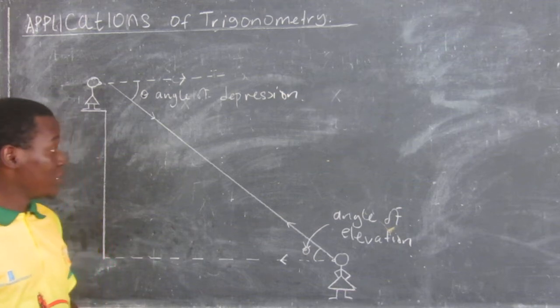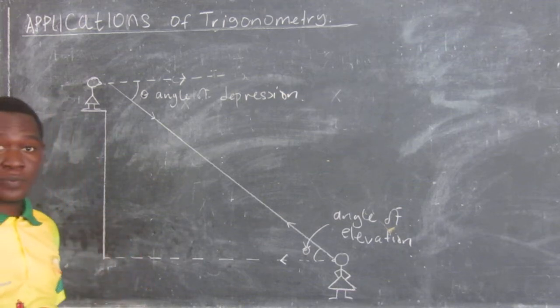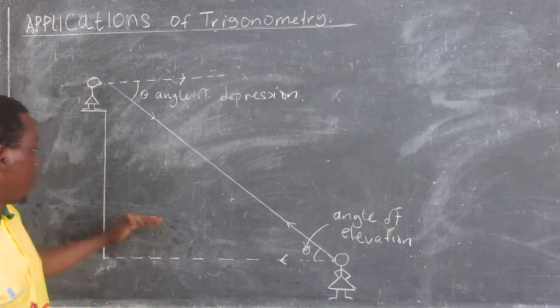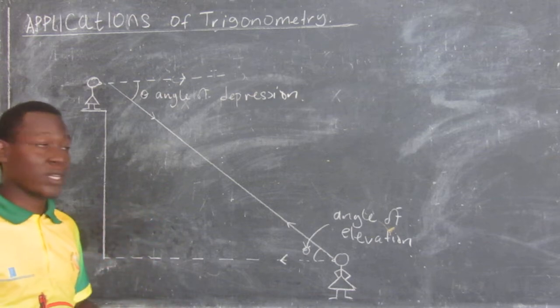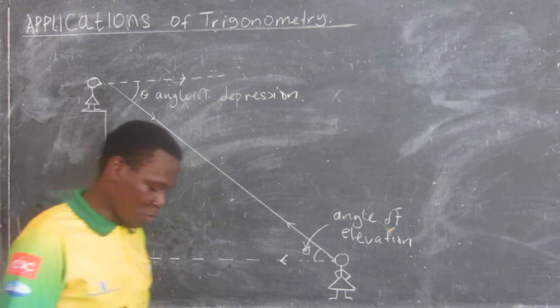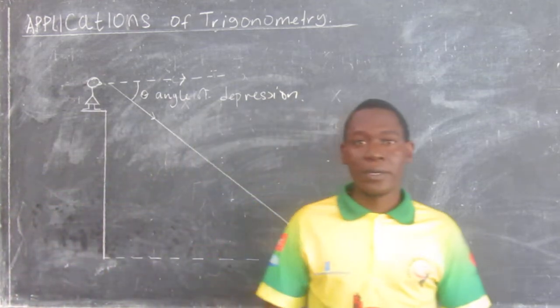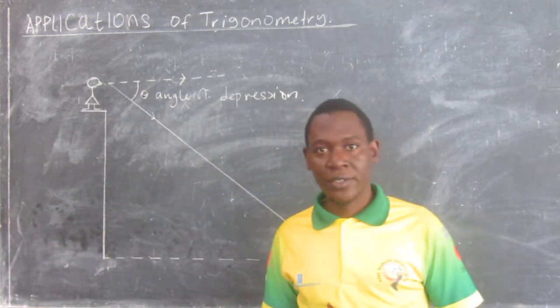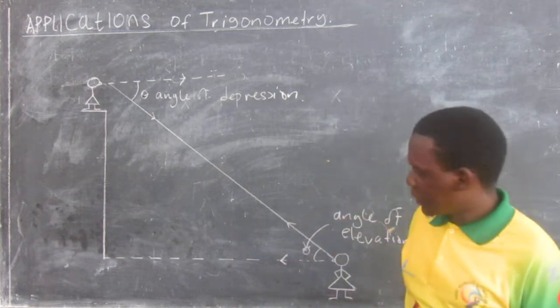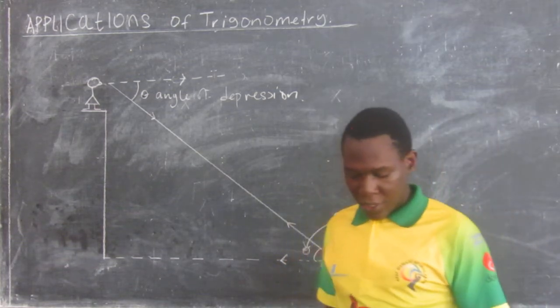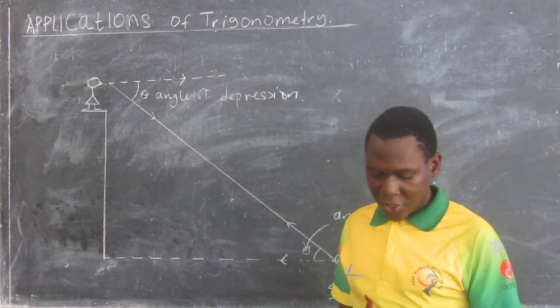I'm going to dictate a question which you're going to try out, and we see how you can apply this concept of trigonometry. The question says, John wants to measure the height of a tree.